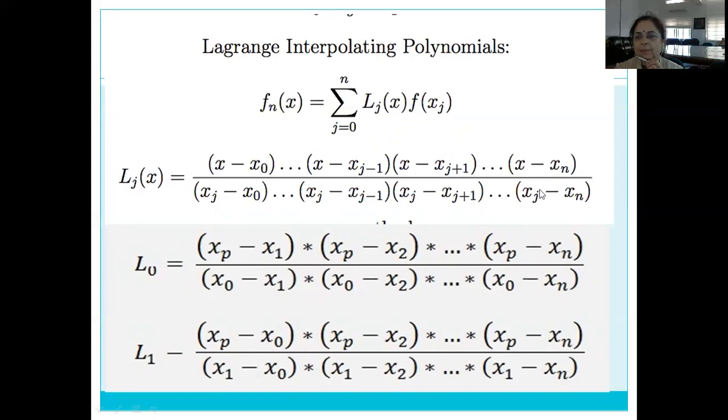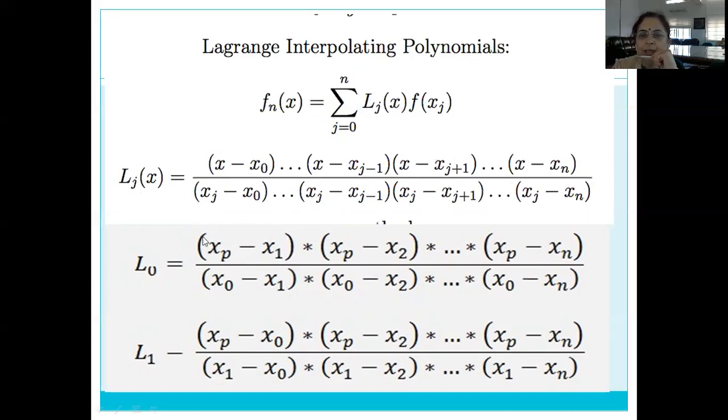In the denominator, for whichever value of j we are calculating the weighing function, x is replaced by xj in the same factors. So the differences are xj minus x0, and so on, a repetition of the same factors; x minus x(j minus 1) becomes xj minus x(j minus 1). Once we write the numerator factors, it is easy to write the denominator factors by just replacing x with xj.